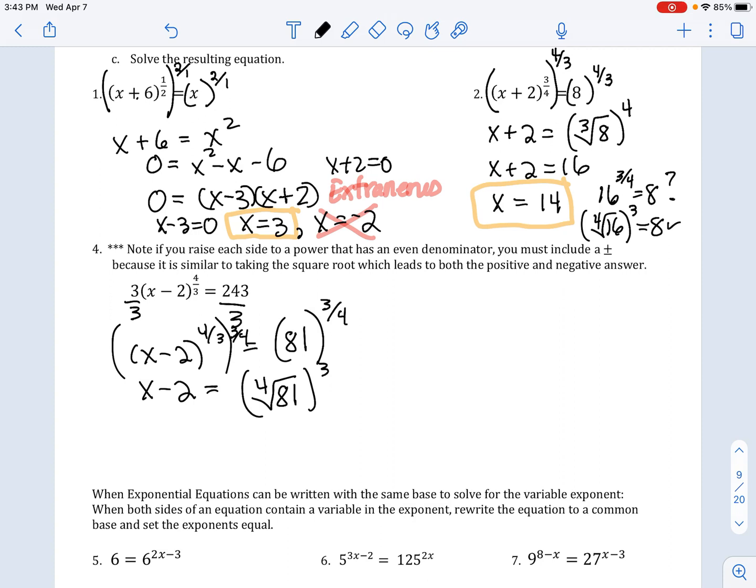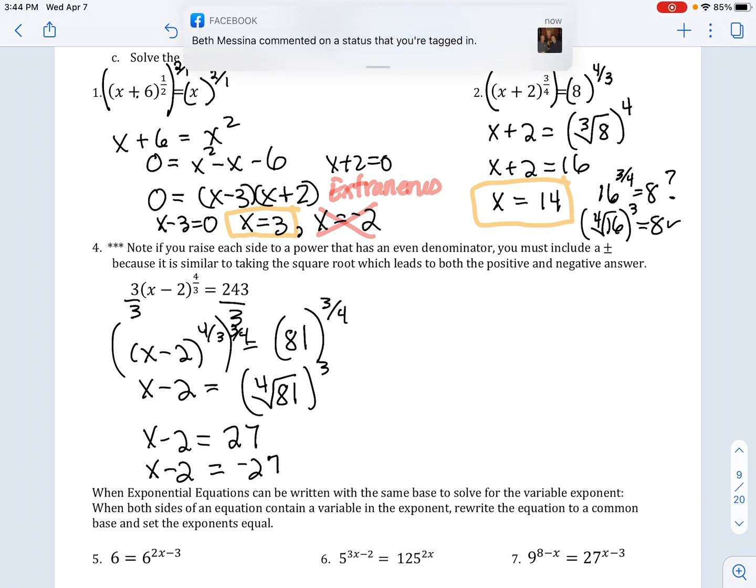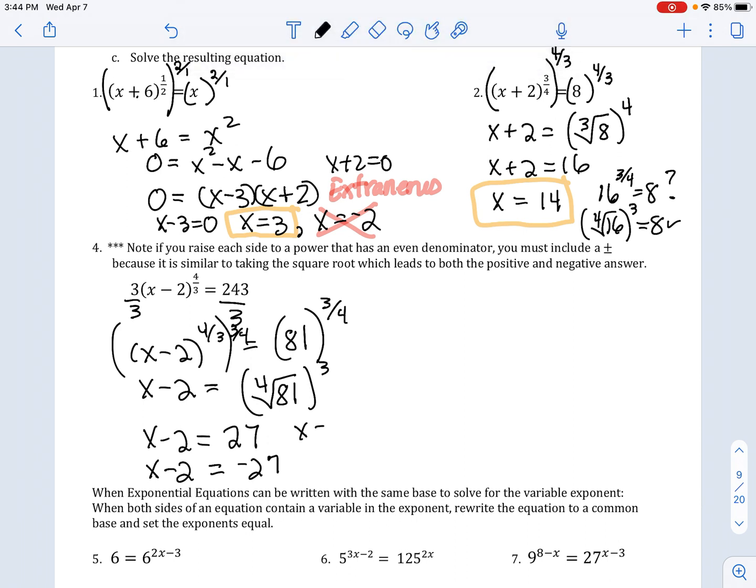So if it's positive 3, we're going to get x minus 2 equals 3 cubed, which is 27. If it's negative 3, we're going to get the equation x minus 2 equals negative 3 cubed is negative 27. Over here, we're going to get x equals 29 as a potential solution. Adding the 2, x equals negative 25.